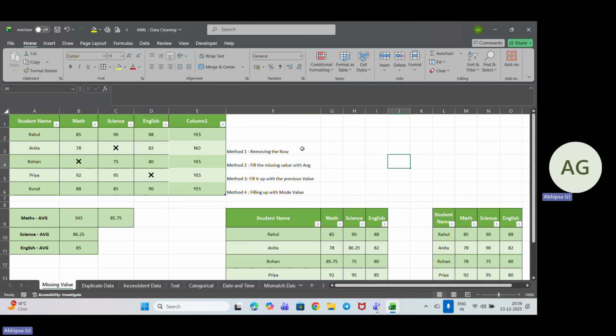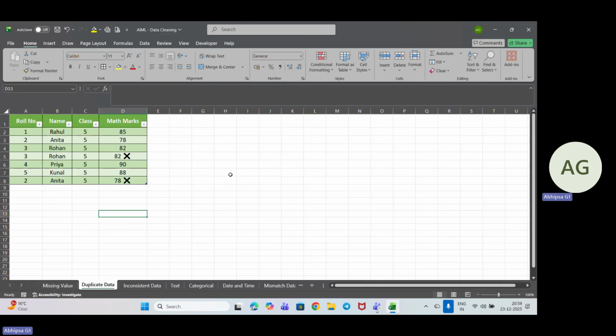Now coming down, we have duplicate values, duplicate data. So we have a data set like this. Here you can see Rohan 582 and Anita 578. This is the duplicate one. Basically, we have kept the cross to make you understand this is the duplicate. So what is duplicate data?